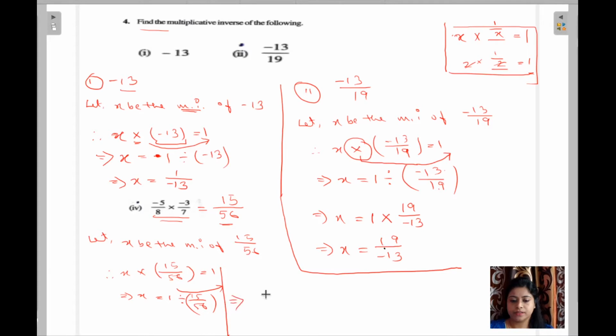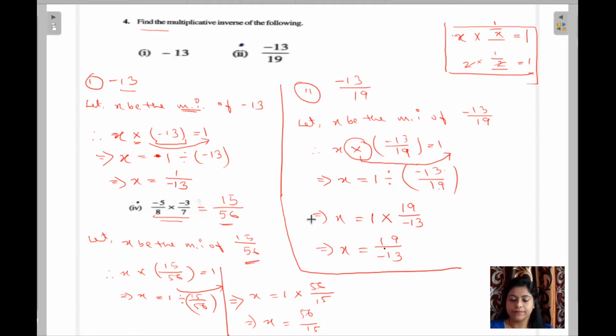So this implies x equals 1 times 56 by 15, the opposite. So x equals 56 by 15. So 56 by 15 is the multiplicative inverse of 15 by 56.